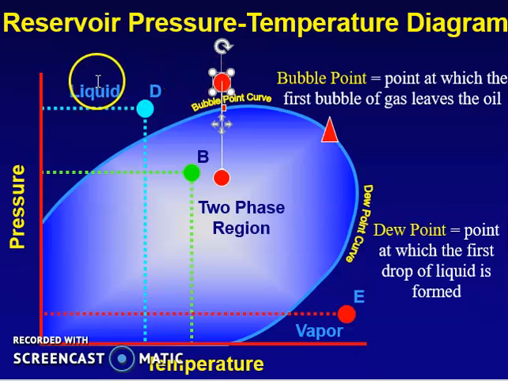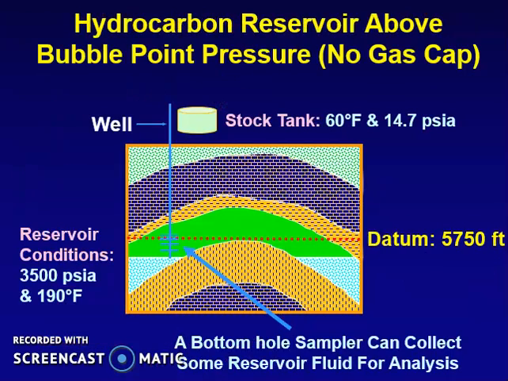High pressure, let's say this is 3500 initially. Pressure drops until it gets to the surface, to the stock tank, and passes through the separators. Now you have some amount of liquid which is less than that, because that liquid that you had there was 100% liquid. Now it's 50%, let's say. So that 50% has evaporated. So you have less liquid on the surface. This is a very important concept for you to understand.